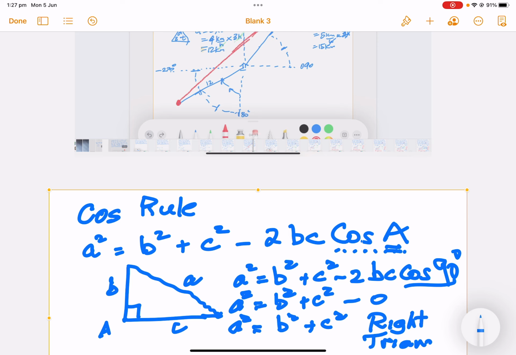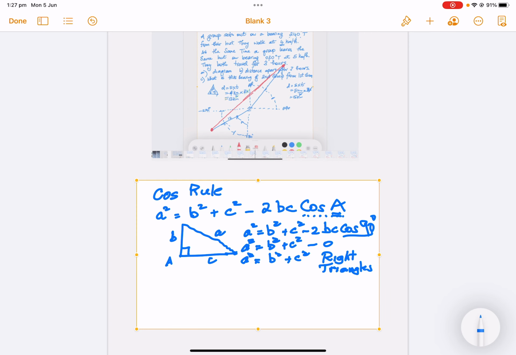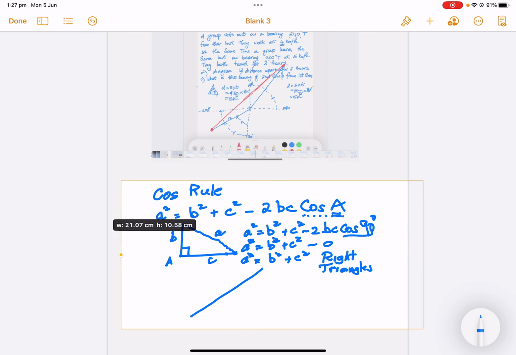But this question is not a right-angled triangle, because up here, where the hut is, the angle is not 90 degrees, and that's where I'm going to put the angle A. So let me redraw that big triangle I've got up there. Let me make more space here.